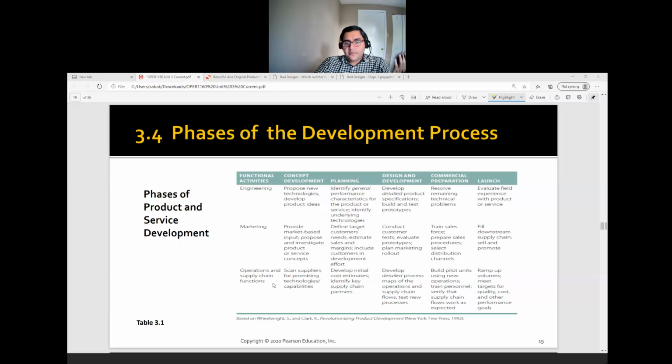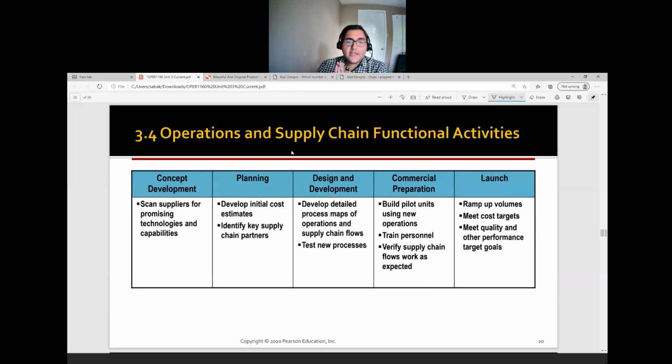Marketing will be performing meetings, trying to get feedback from the customers, providing market-based input, and suggesting inputs. Now, the role of operations and supply chain in the concept development stage is to look for new suppliers. So if I want to come up with a new product, I will be connecting with the different suppliers, looking for newer technologies, and so on. That's what is shown here.